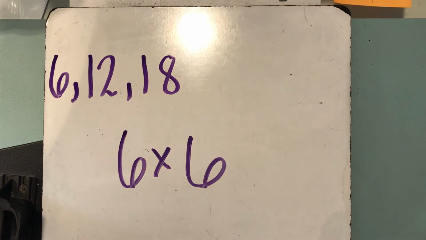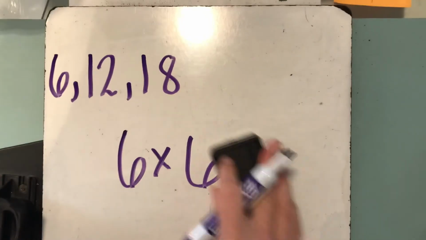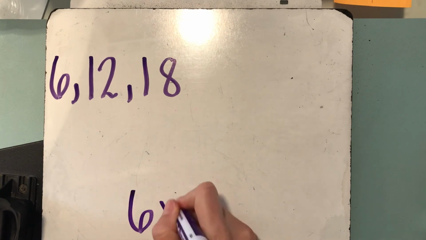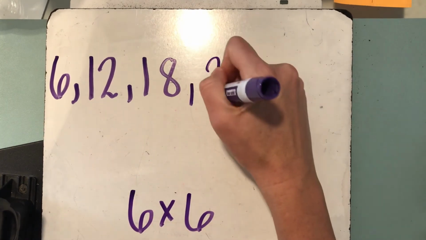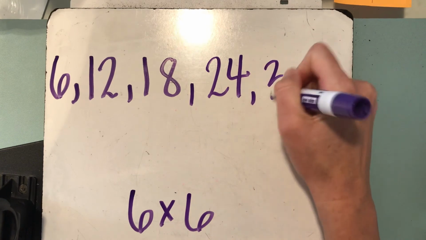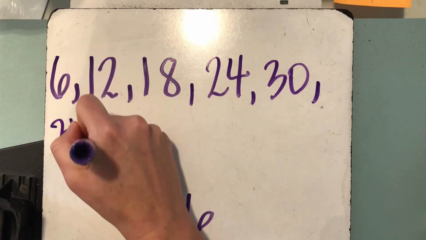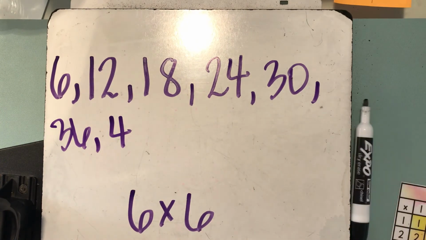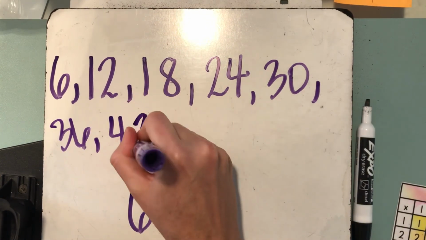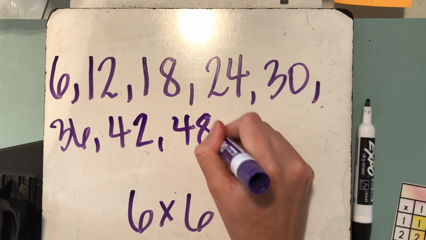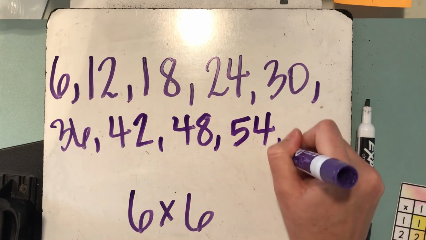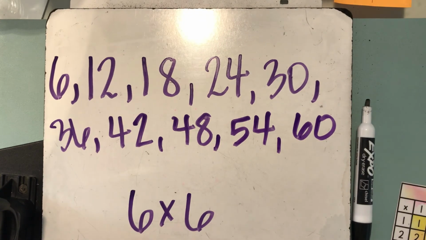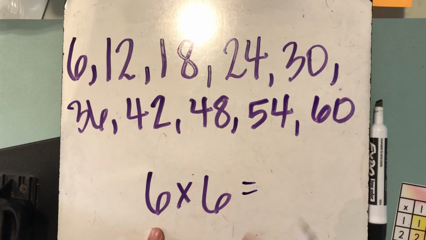If you want to copy mine down, that's fine, but you should also be practicing on your own with this sequence. I'm only going to go up 10 times. So solve for this one, pause the video and see if you can figure it out.